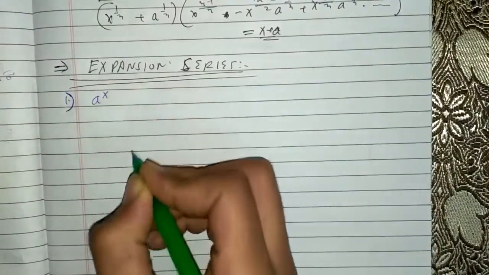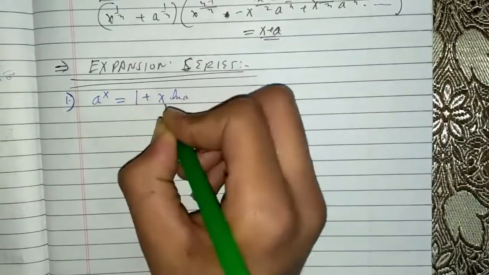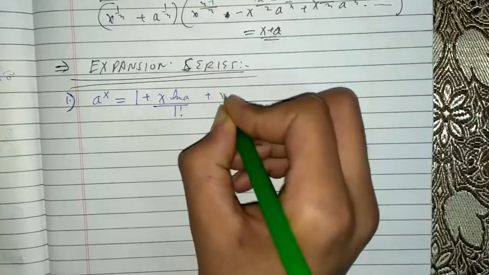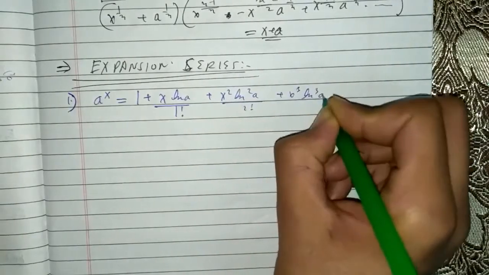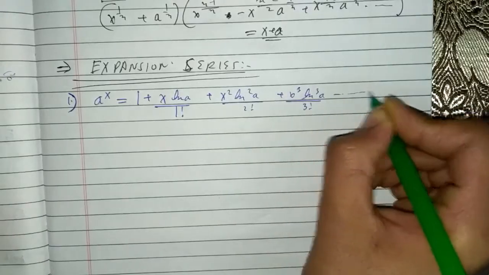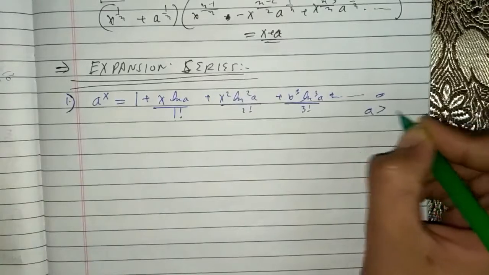So yeah, first is a power x equal to 1 plus x ln a upon 1 factorial plus x square ln square a by 2 factorial plus x cube ln cube a by 3 factorial and so on until infinity, and it is valid for a greater than 0.